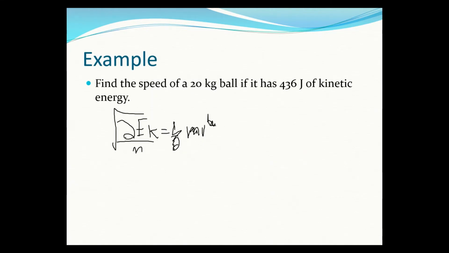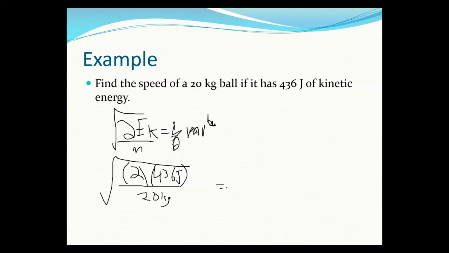So 2 times 436 joules divided by 20 kilograms. And don't forget to square root it, because that's where people would get it wrong. If I type that in, 2 times 436 divided by 20, square root it, we get 6.6 meters per second.